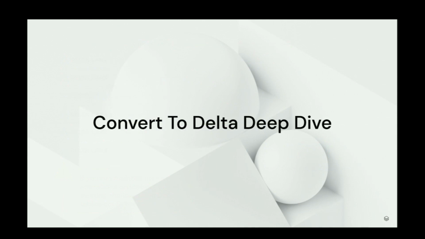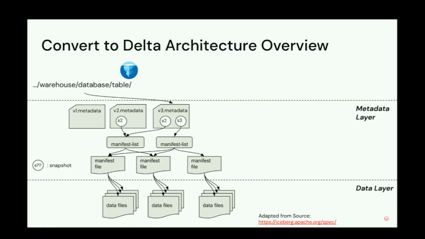Okay. Now, quickly, I want to go a little bit under the hood, what's in convert to Delta and shallow clone. This is probably pretty familiar for many of you. This is the Iceberg data structure and the file layout.